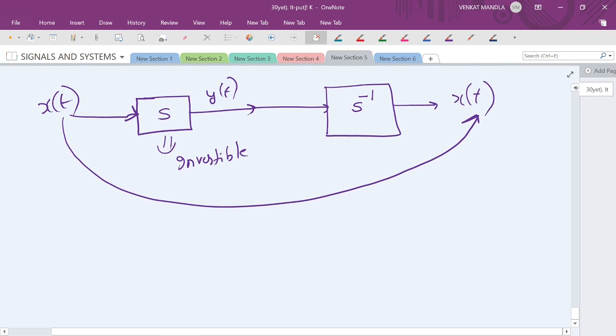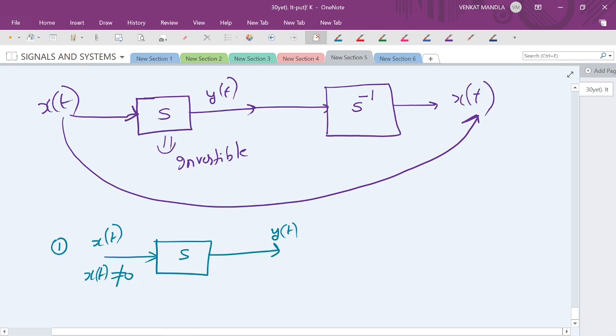So two conditions are there. One: suppose for this system I am applying x of t, and let us say y of t is the output. For any non-zero input, suppose x of t is not equal to 0, I am applying this input to this system.